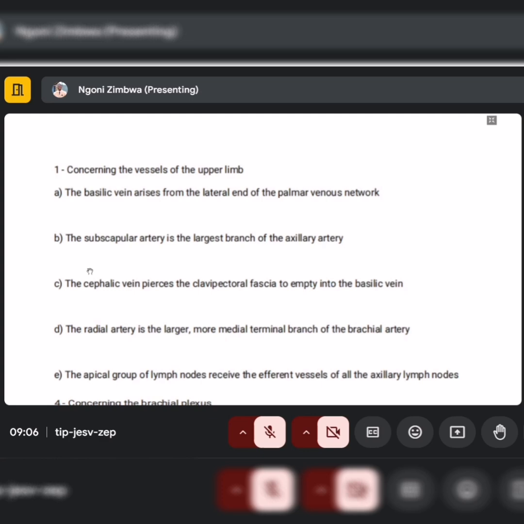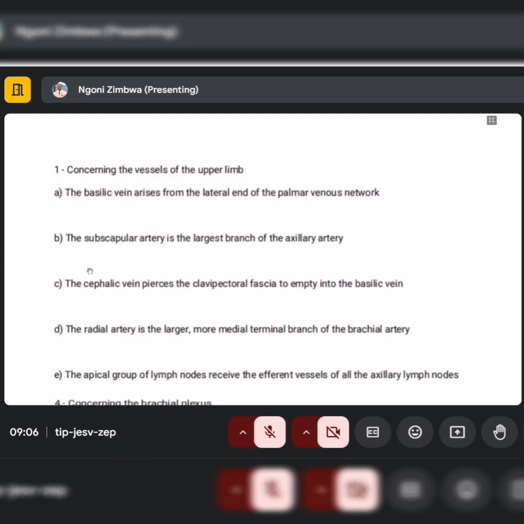The second part, lying behind the pectoralis minor, gives two branches: your thoracoacromial branch and your lateral thoracic artery. And then the third part of your axillary artery gives three branches. So just know, first part gives one branch, second part two branches, third part three branches.